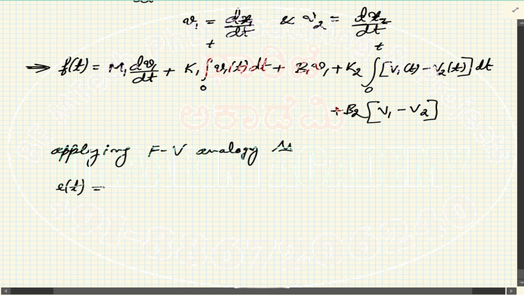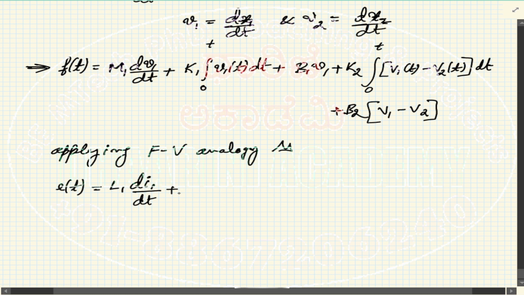E of t is equal to m1, where m is equivalent to L, so this is L1. Velocity is equal to current, right? So this is di1 by dt, force is voltage.